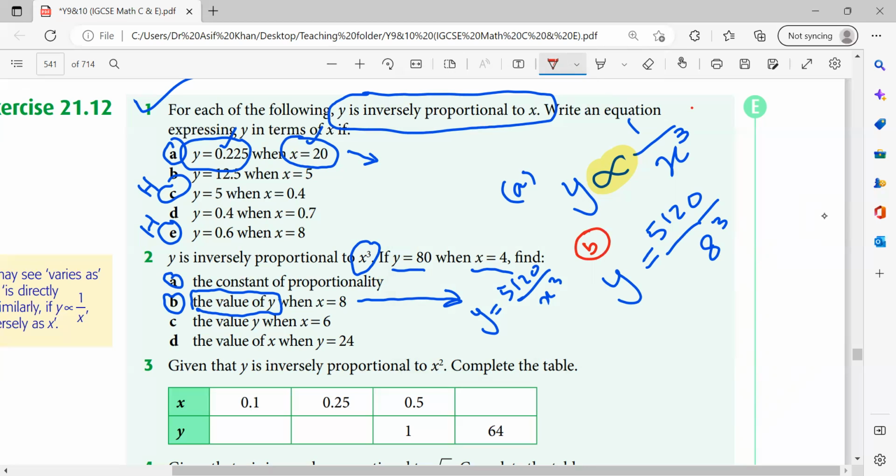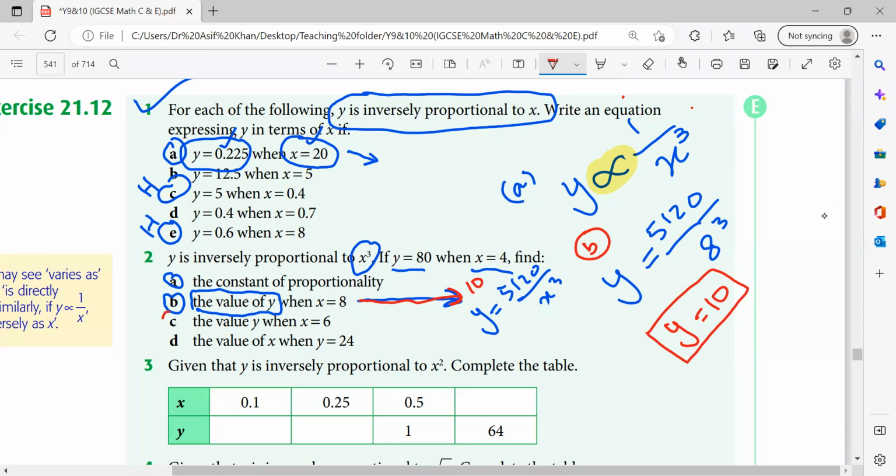What's the value of y you will get? 5120 divided by 8 cube. Exact 10. Yes, 10. So here the value is exactly 10. In part B, the answer is 10.